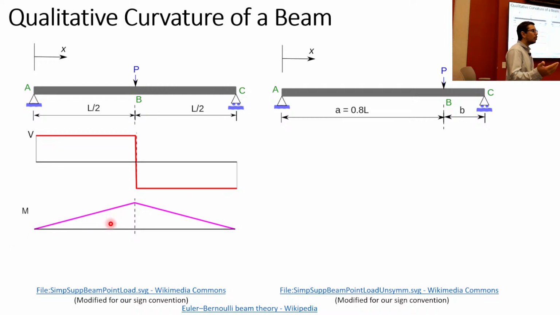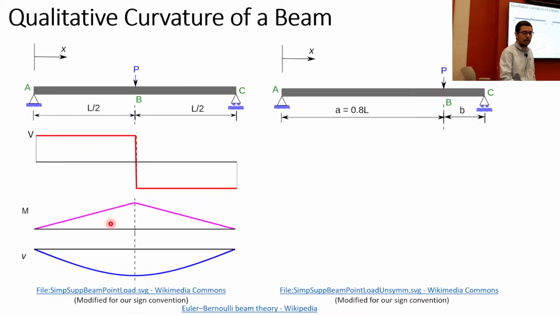Now, is M in this case positive or negative across the beam? The internal bending moment. It's positive. So based on what we just said, we expect that the curvature is also going to be positive for the beam across it. And that's what you see. And somewhere way out here, you have the center of the circle that's being formed by this curve.